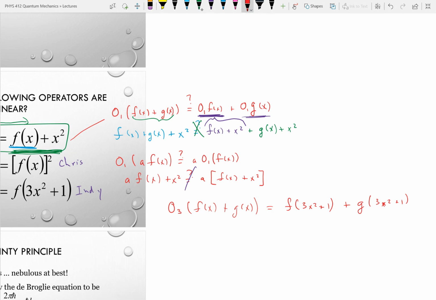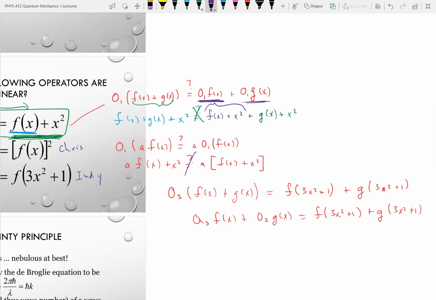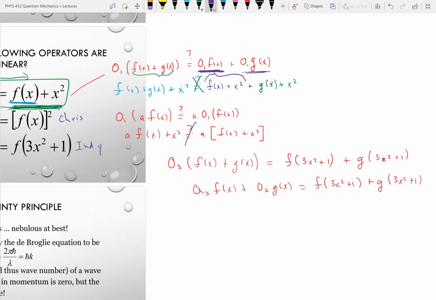And then if I do the other side of it, it's exactly the same thing. So that's the first test. Now, since it passed the first test, you also had to do the second test. There's no x in the A, so the A is just a constant.